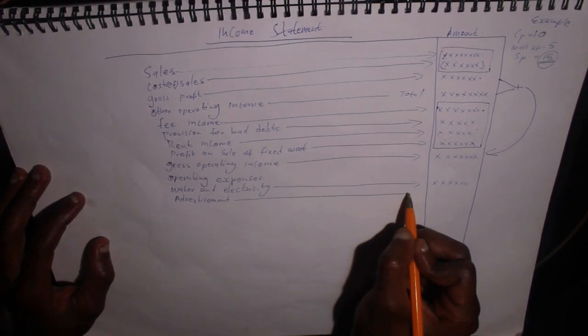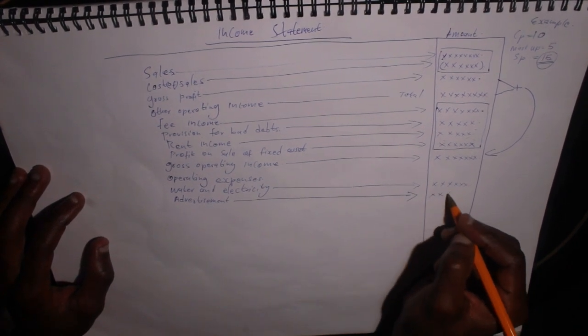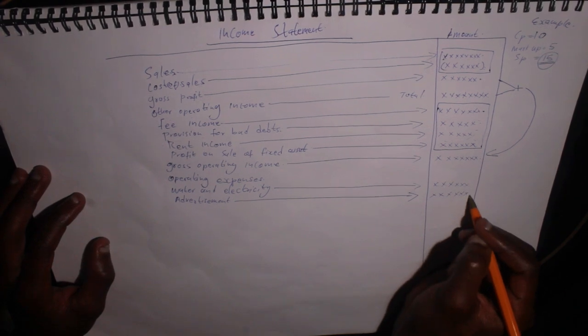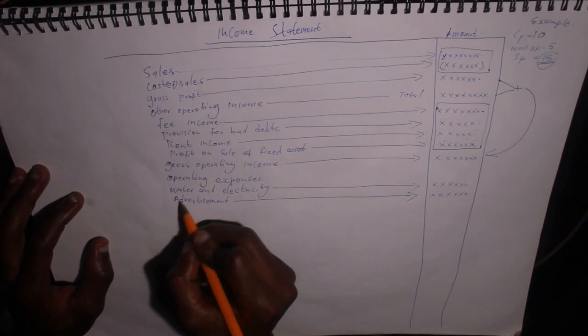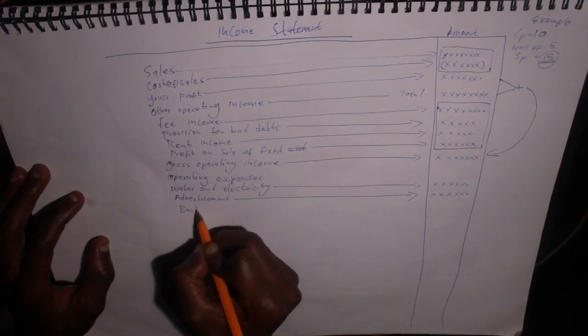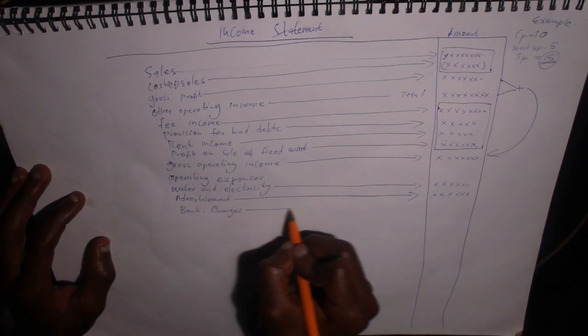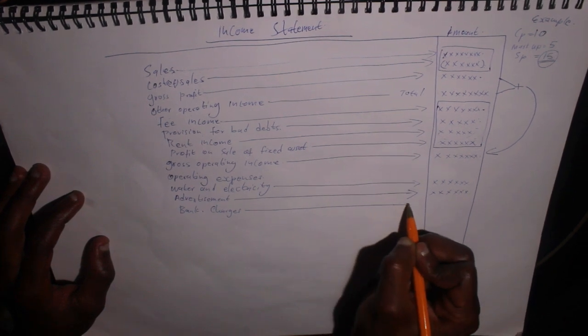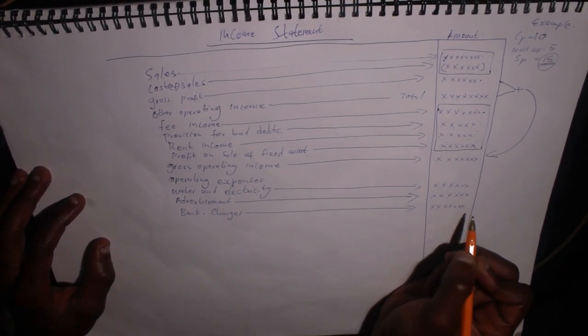If you are running a company, of course you need to advertise your goods or your products. Then you're going to put the amount you spend there for advertisement. Other expenses could be your bank charges. Bank charges also fall part of your expenses because those charges are going to be paid by your business.